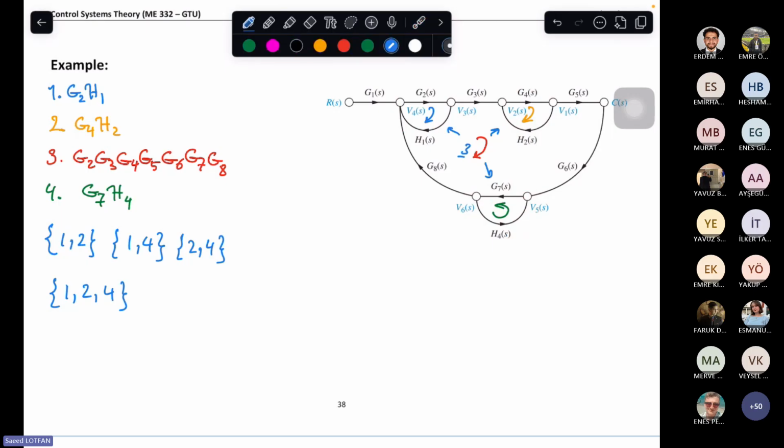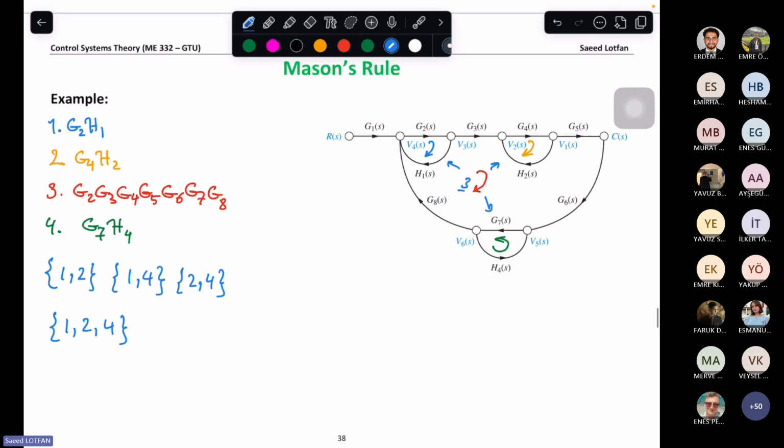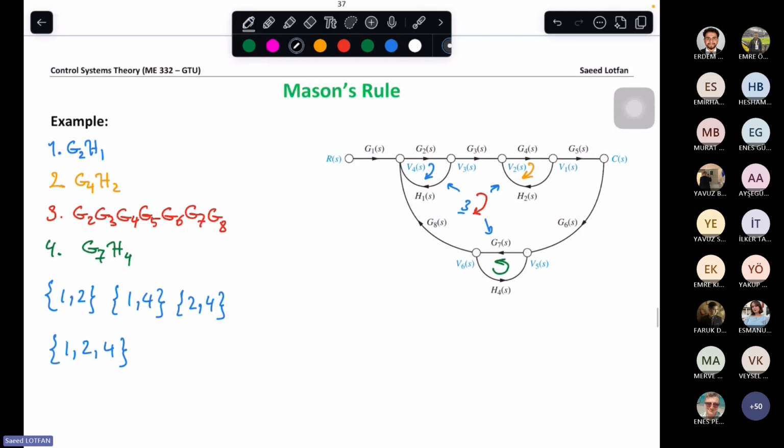So what is delta? First, I have to write T. T is the feed forward path: G1, G2, G3, G4, G5. So the transfer function is T1. I have just one feed forward path, so the transfer function is T1 delta 1 over delta. What is delta?